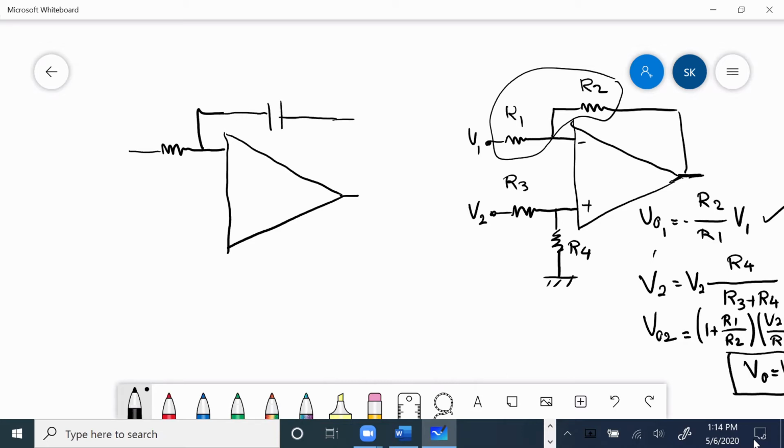This is an integrator circuit. So this is grounded. This is V in. This is R, and that is C. And V out is minus 1 over RC integral of V in dt.